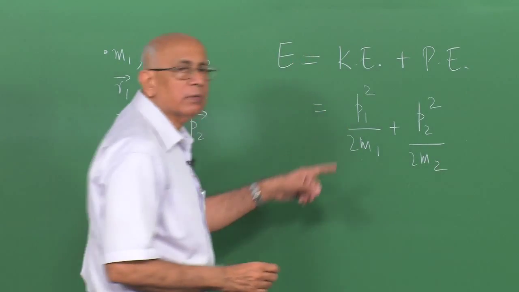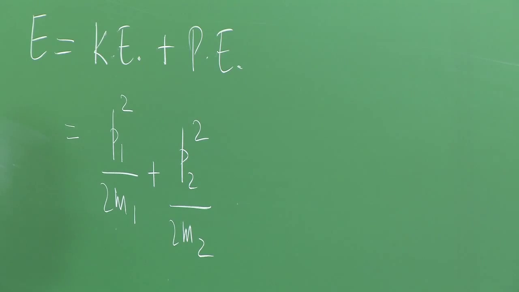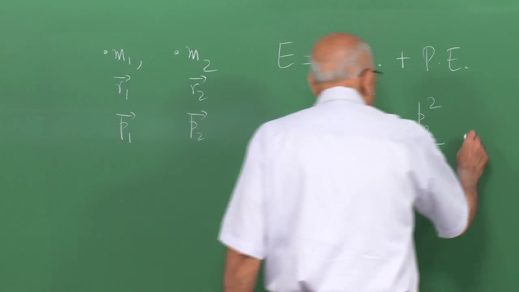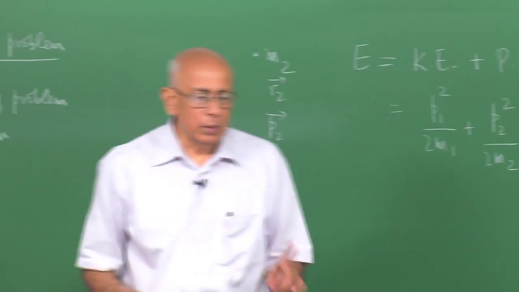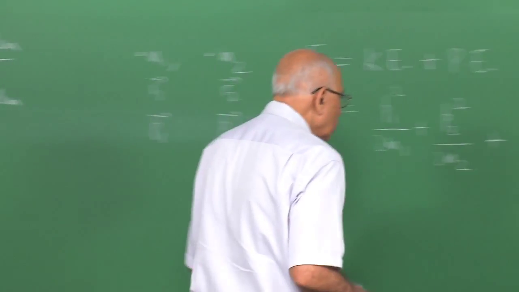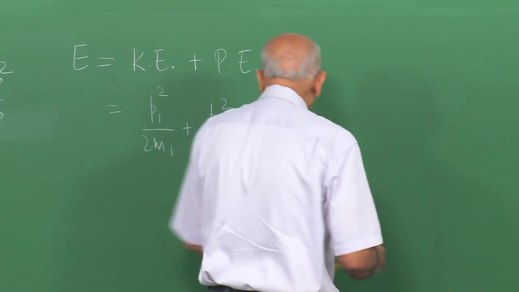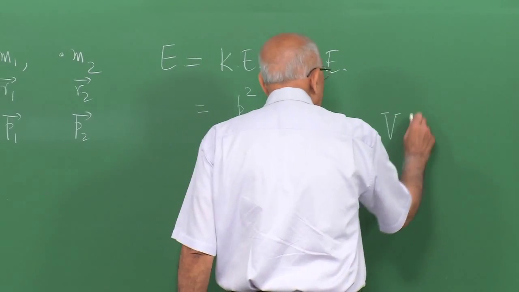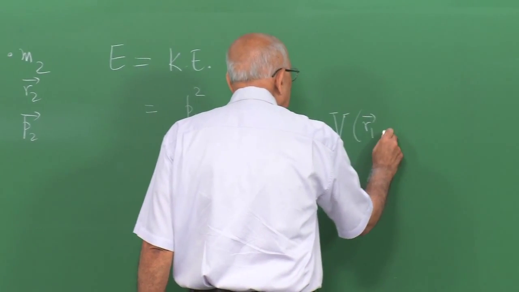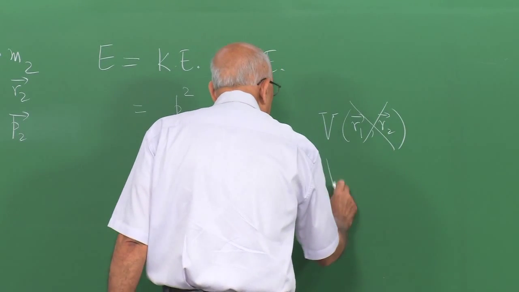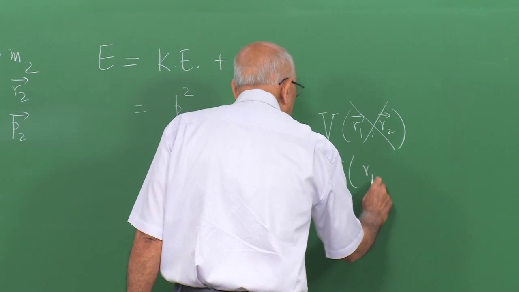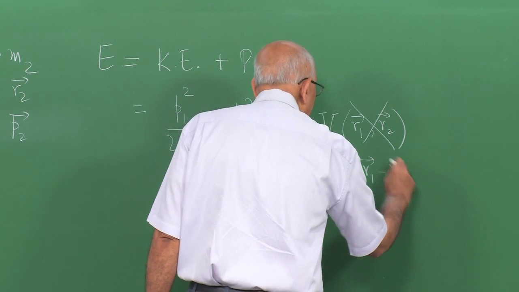These are the squares of the magnitudes of these two vectors, plus a potential energy, which we will now assume to be the following. We will assume this to be a function V, not of the general coordinates r1 and r2, but rather a function V of the distance between the two of them.